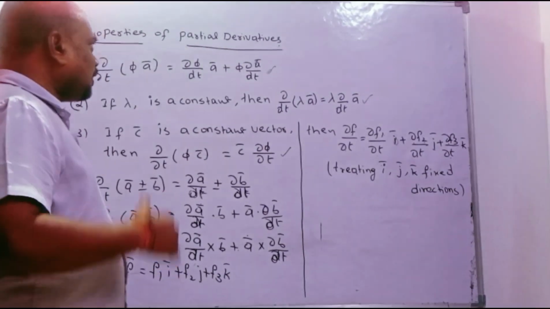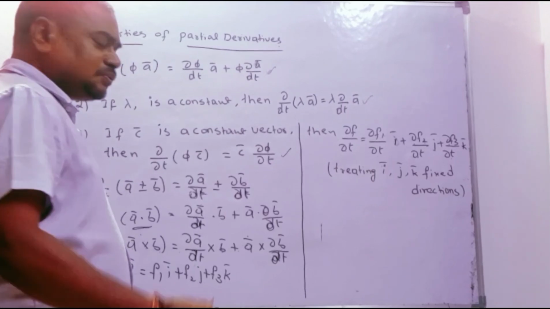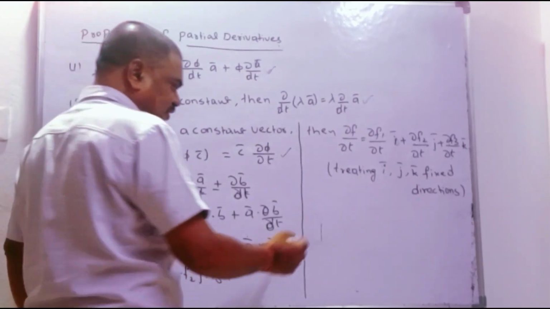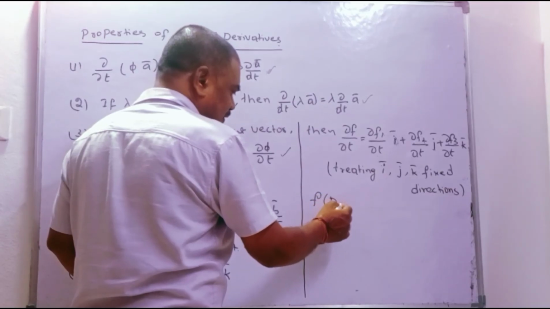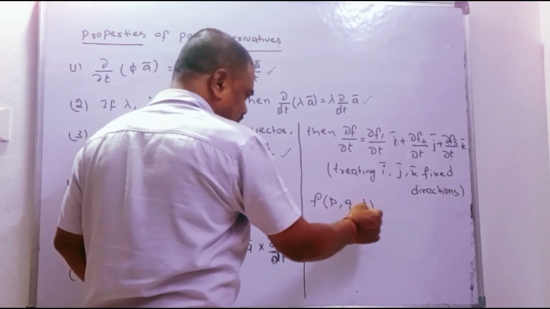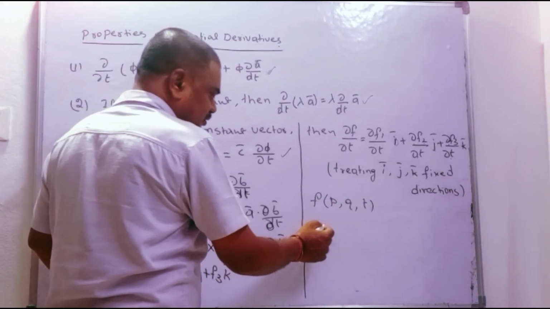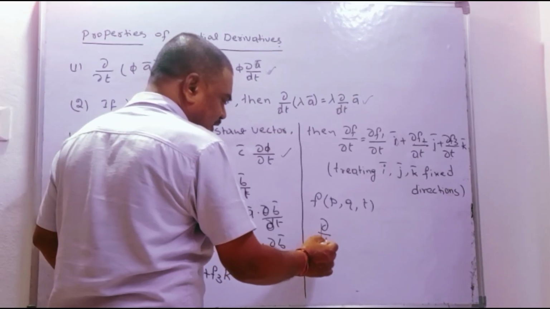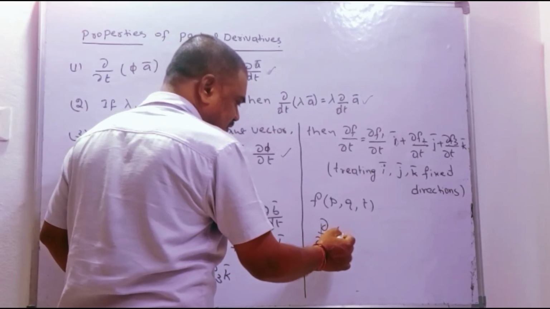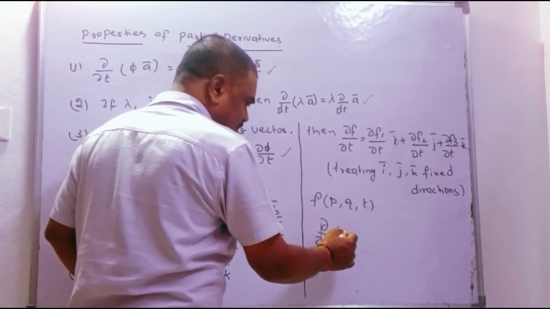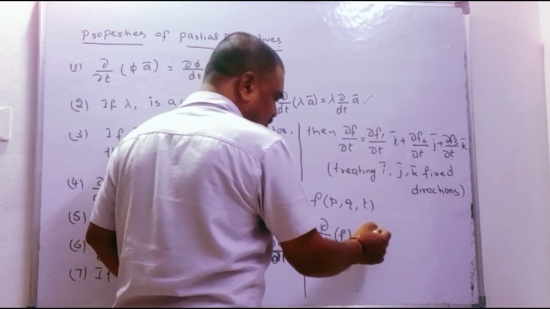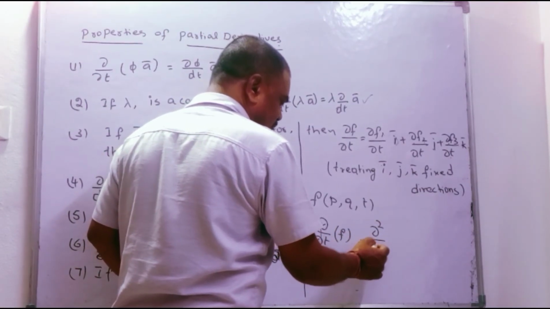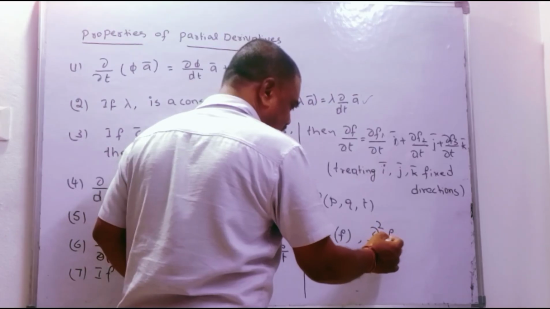And higher order partial derivatives. How to find higher order partial derivatives? Suppose f is a function of p comma q comma t. Dou by dou t of f is first order. Second order is dou square by dou t square of f bar.